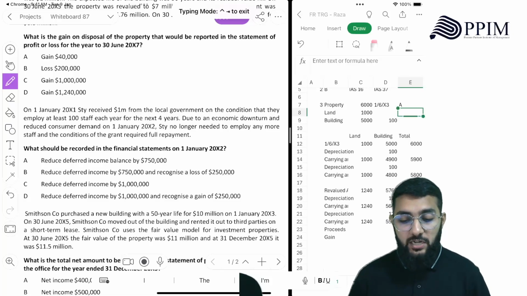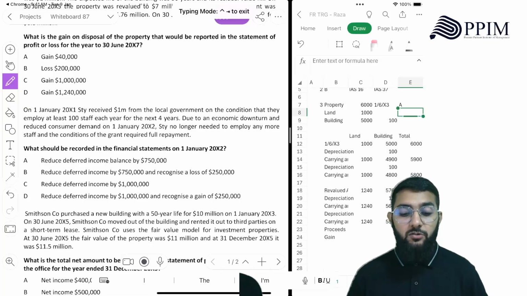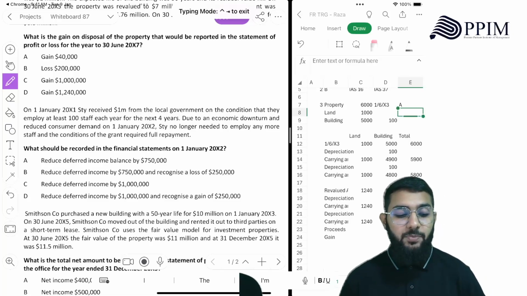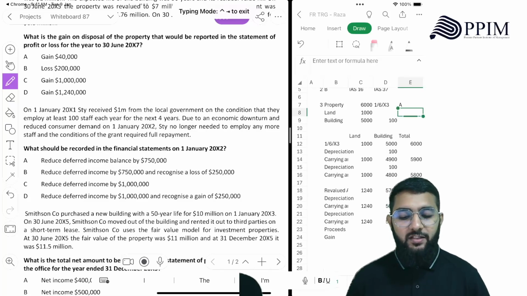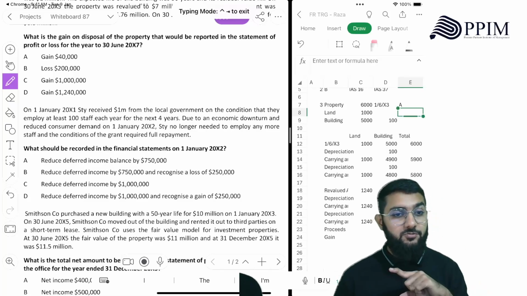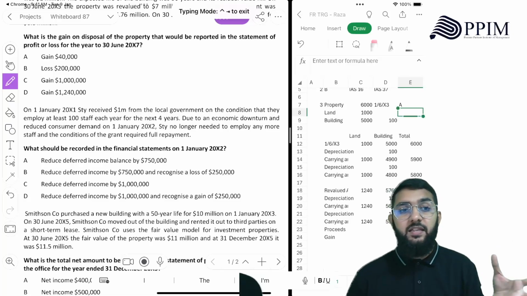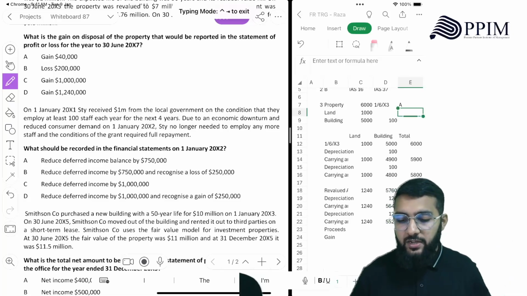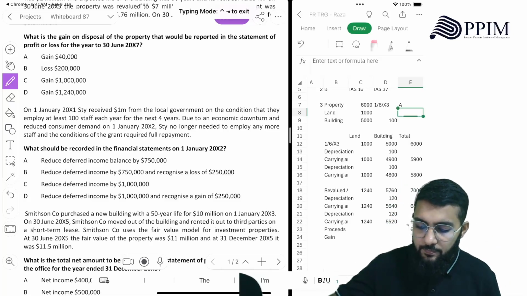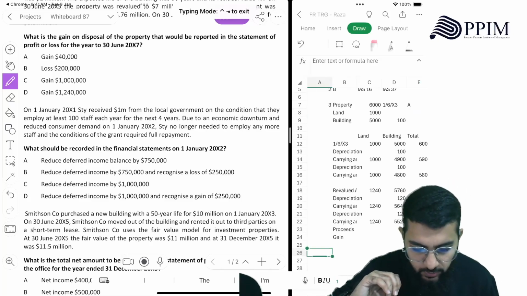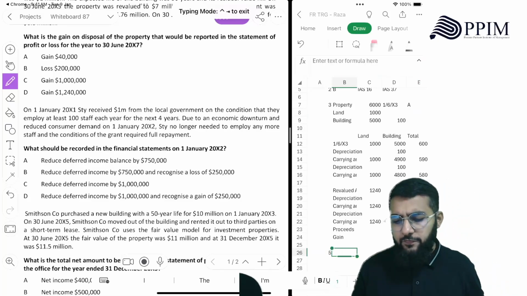Due to an economic downturn and reduced consumer demand, on 1st of January 2022, within a year, STI no longer needed to employ any more staff and the conditions of the grant required full repayment. What should be recorded in the financial statements? Now the full repayment is required. Here you have to evaluate what component was already recognized in income and what remains unrecognized. Okay. Right. So that's question number 5 of Kaplan.